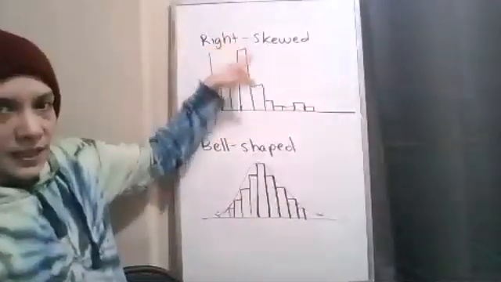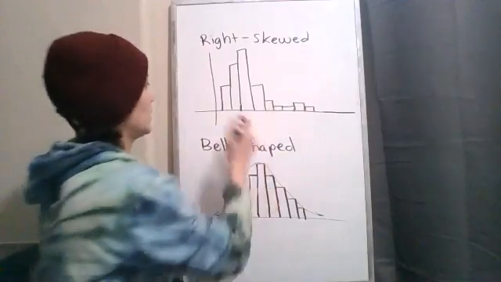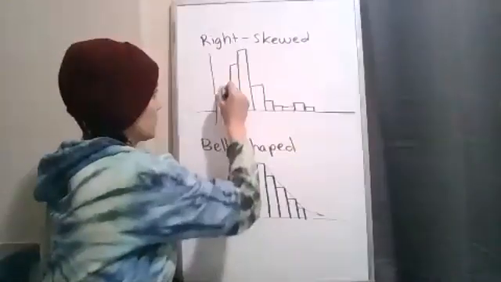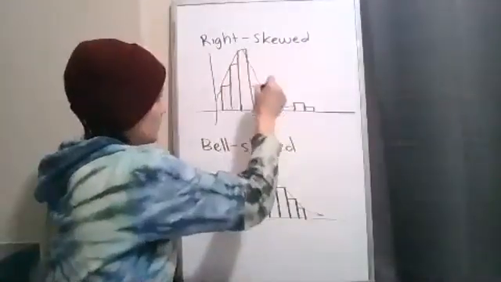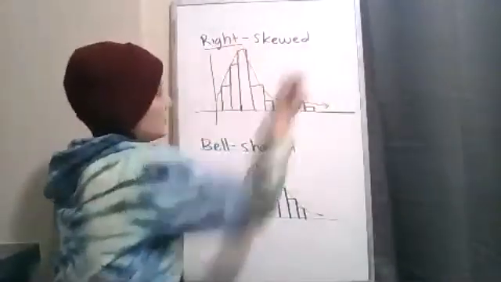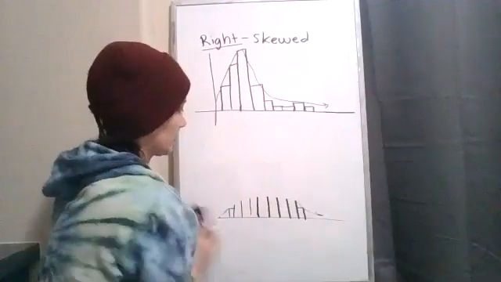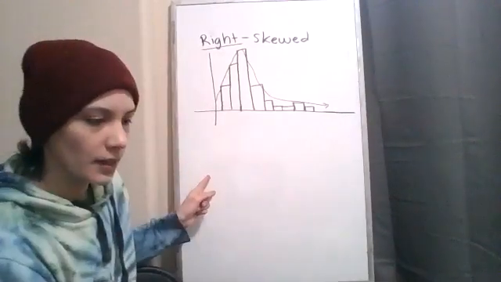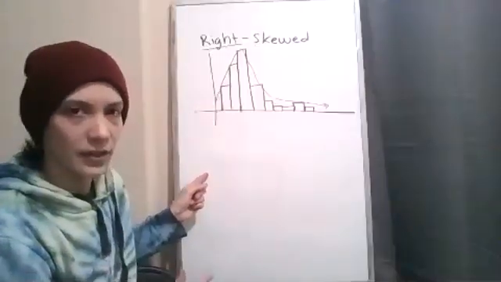So come up and then down and over. And the right tail is longer. So this is called right skewed.